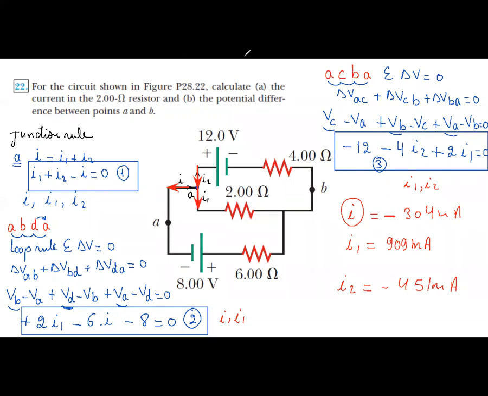So we have I2 in, I in, and I1 out. About the values, we must have positive values. We cannot have a negative value anyway. You can write here I equals 3.4 amperes to the left.